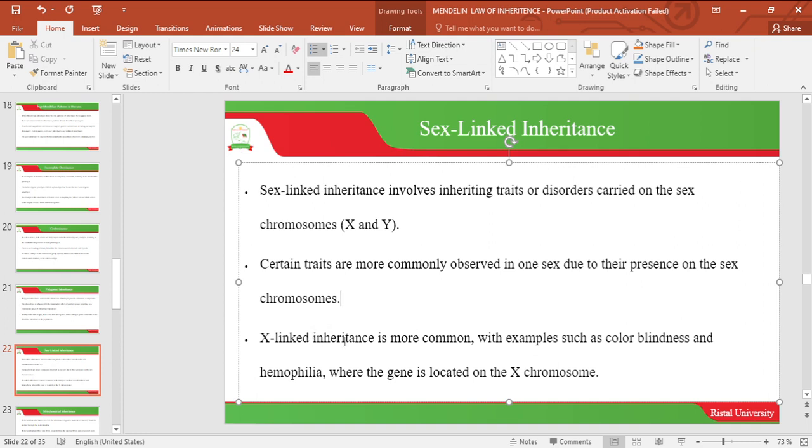X-linked inheritance is more common, with examples such as color blindness and hemophilia, where the gene is located on the X chromosome, and color blindness mostly affects males.